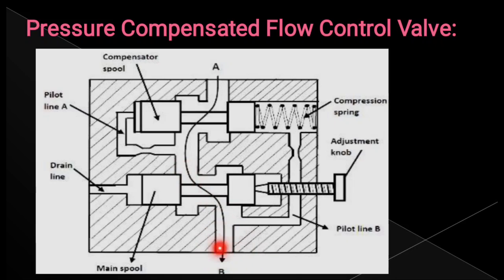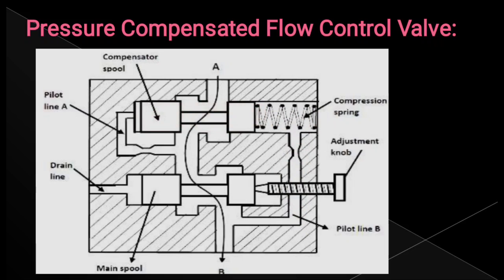As the pressure increases for some other reasons, assume the pressure is going to increase at this portion because of the next system line or next pressure. The pressure increases here, it pushes the liquid in this pilot line B, and it pushes in the opposite direction of the spool to the left side.